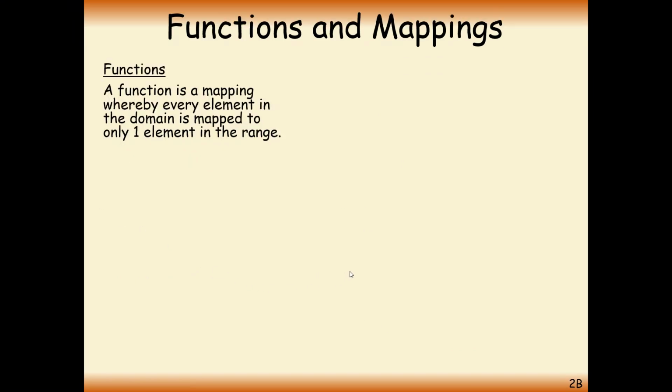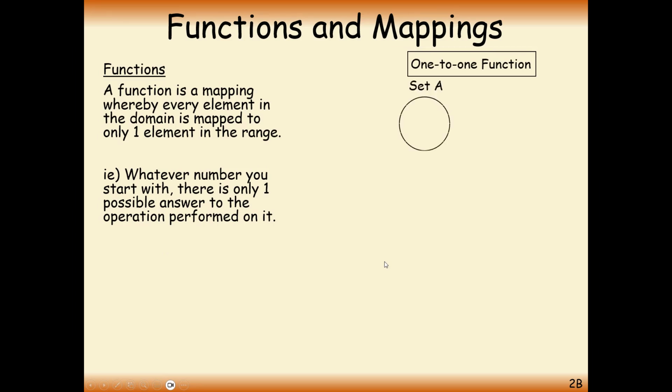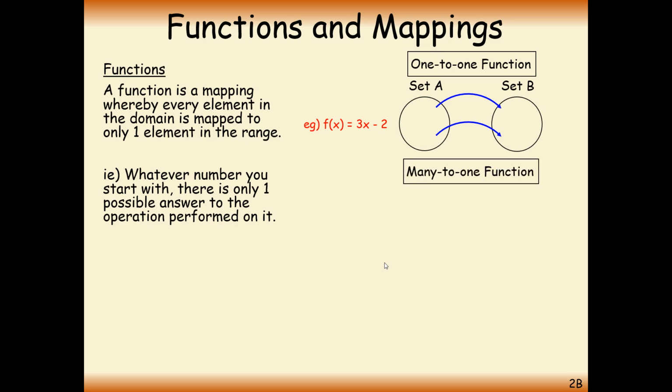Okay, so let's see what constitutes a function and what doesn't. In the previous two examples, we saw an example of a one-to-one function. A linear function, such as 3x minus 2, is a one-to-one function. And a many-to-one function is, for example, x squared.